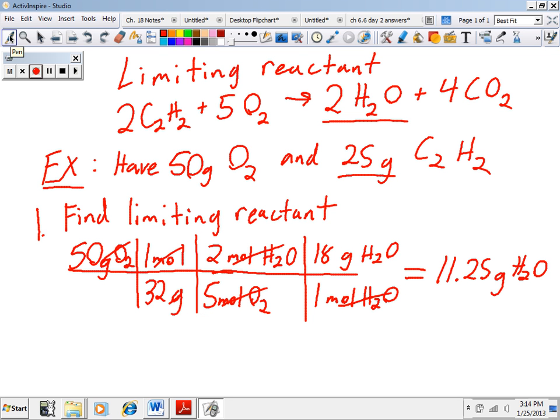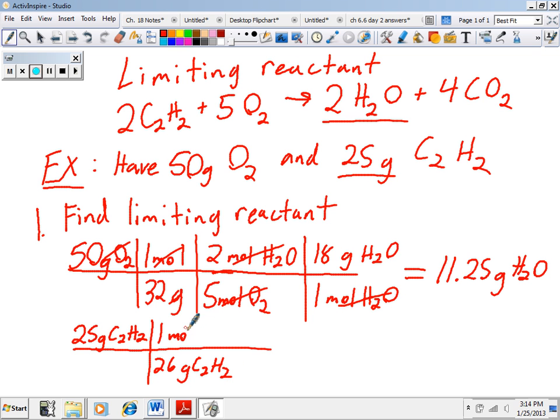Okay, now let's see how much I would produce with 25 grams of C2H2 and an excess of O2. So let's do another stoichiometry problem, now doing the 25 grams of C2H2. Converting into moles, let's see, we have 24 plus 2, that's 26 grams of C2H2 is 1 mole of C2H2.